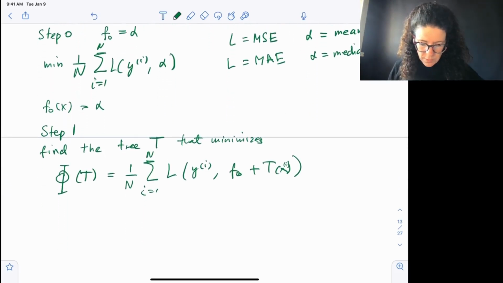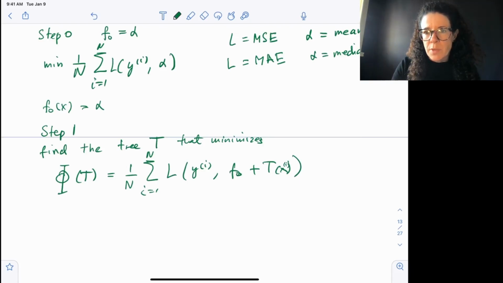Now, this optimization problem here may not have an exact solution for an arbitrary loss function. So we're going to try to figure out some kind of numerical way to optimize this.